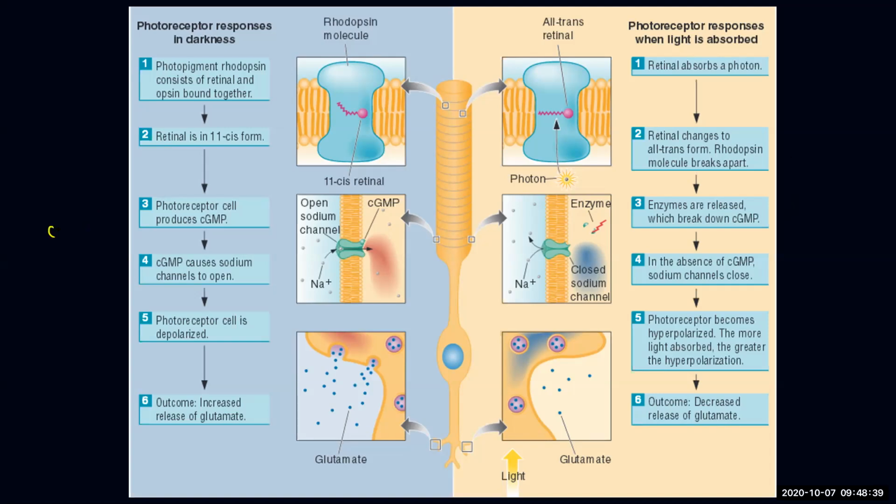So when there's plenty of cyclic GMP around, those channels are open.